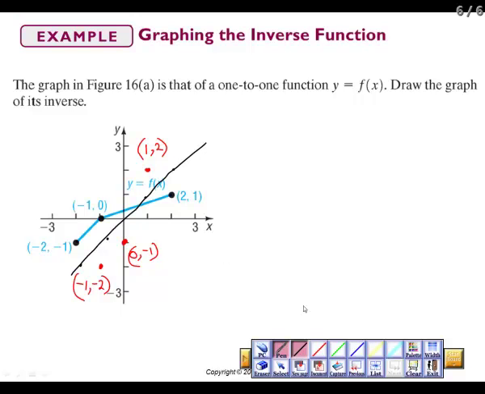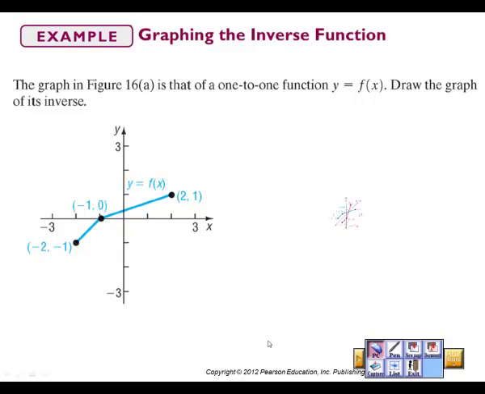And so your inverse is going to come up and then cross right where your function crosses, and then comes up. Okay, and so this would be your inverse, y equals the inverse of x. And so that's what we get here.